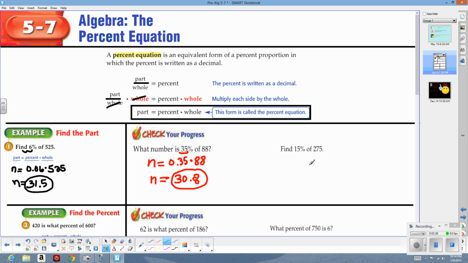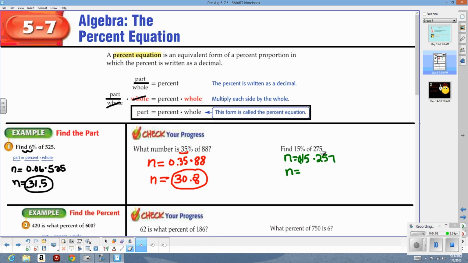Next, find 15% of 275. The part is going to equal 15 hundredths times 275. So the part is going to equal 15 hundredths times 257. Oh, I mean 275.